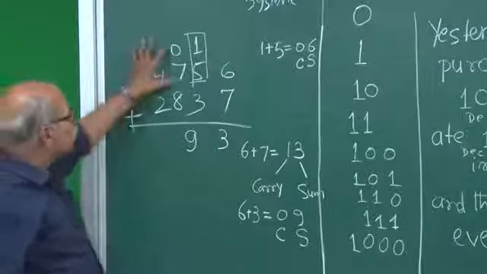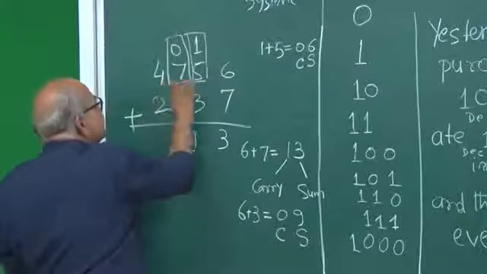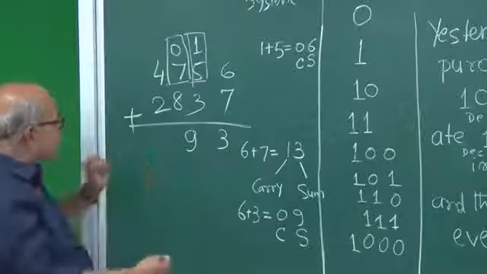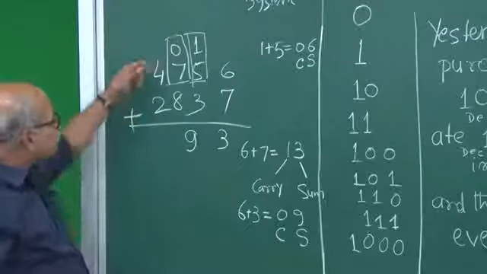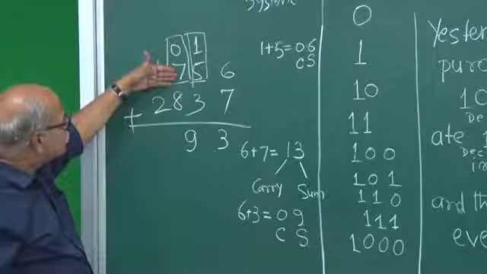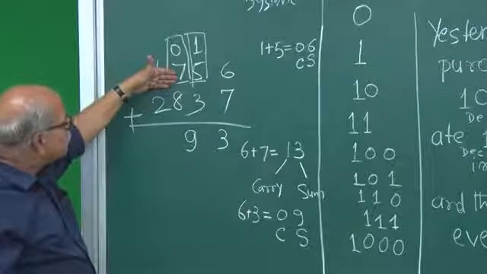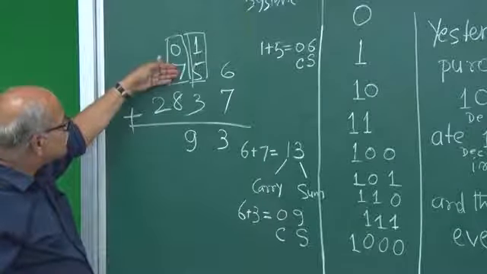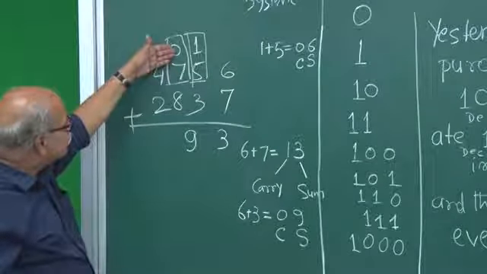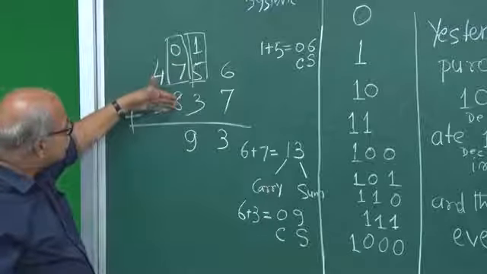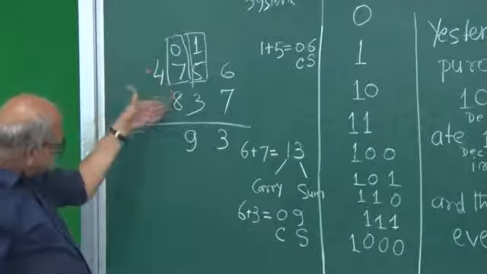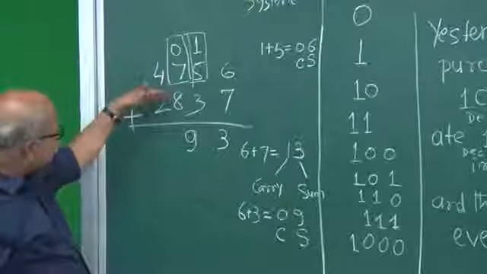Once again 0 plus 7. So, you can see at every step I need to know what is that one digit number plus one digit number, and that again gives me 0, 7. So, the sum is 7 and the carry is 0. So, that sum is to be added here, the carry is to be added next to this number which is not here.